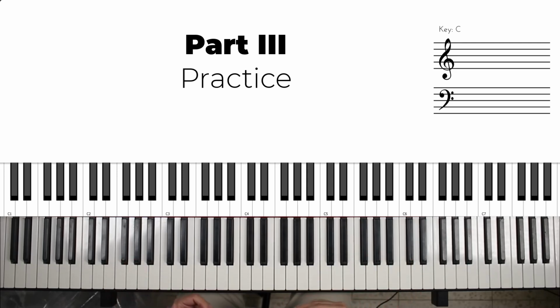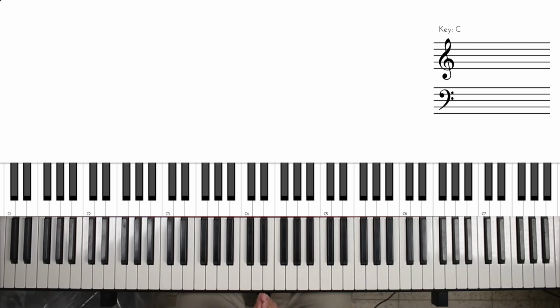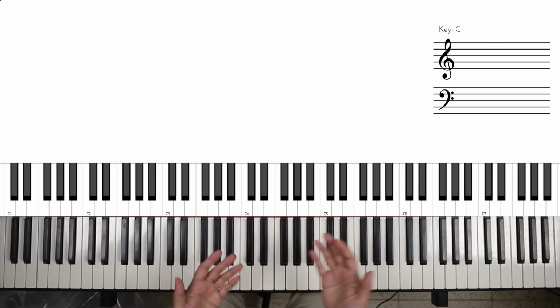Now we come to the practice, and the idea for practicing shell voicings is something that I've hoped you've internalized by this point. As we've done in the last two lessons, the best way to practice this concept is within musical context. What you should do is take the ballad I've played and first of all practice the implementation I've just shown you in the key of C major.